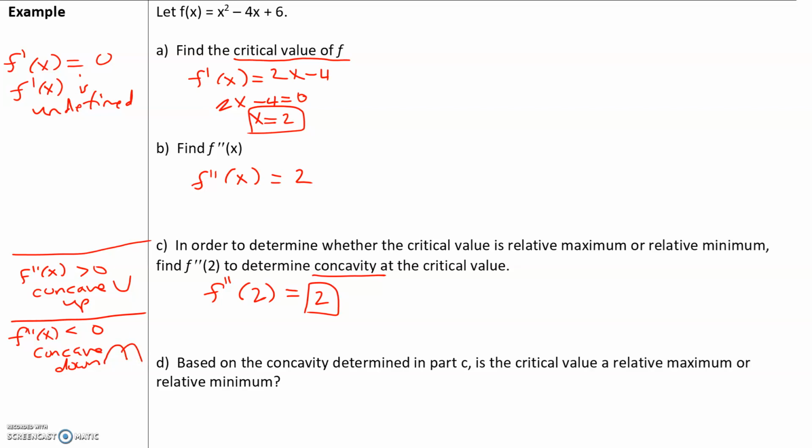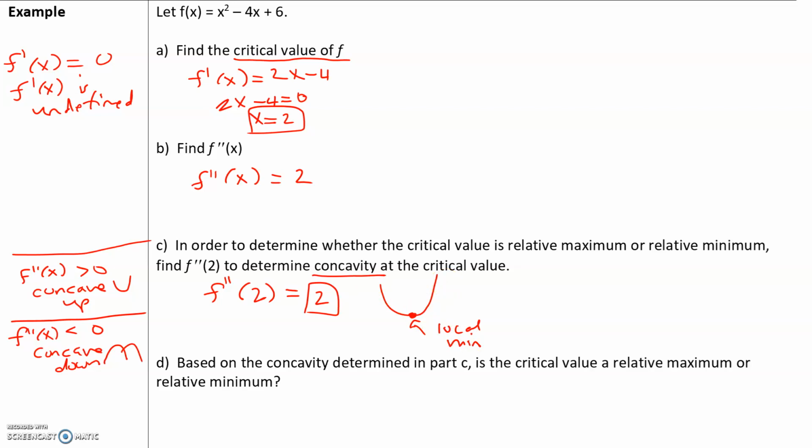Okay, so the second derivative is positive, which means our graph is going to be concave up. So if our graph is concave up, then the critical value, which is the turning point, is going to be a local minimum. This is a local minimum since concave up means it's going to be U-shaped.